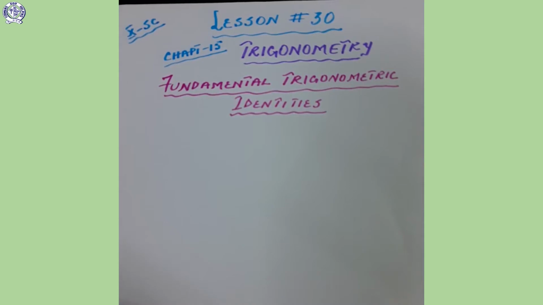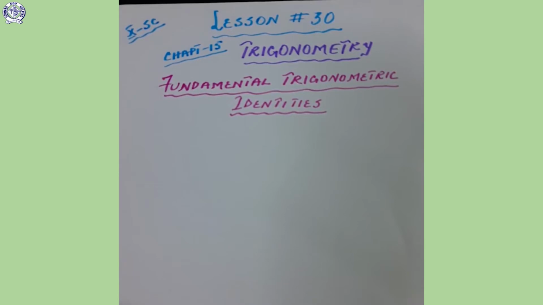So the first step is to draw the figure. Figure is very important in trigonometry because it is the study of the triangle. So we will make a triangle first. Okay, so right angle triangle we will make. You all know how to make it properly with a scale.